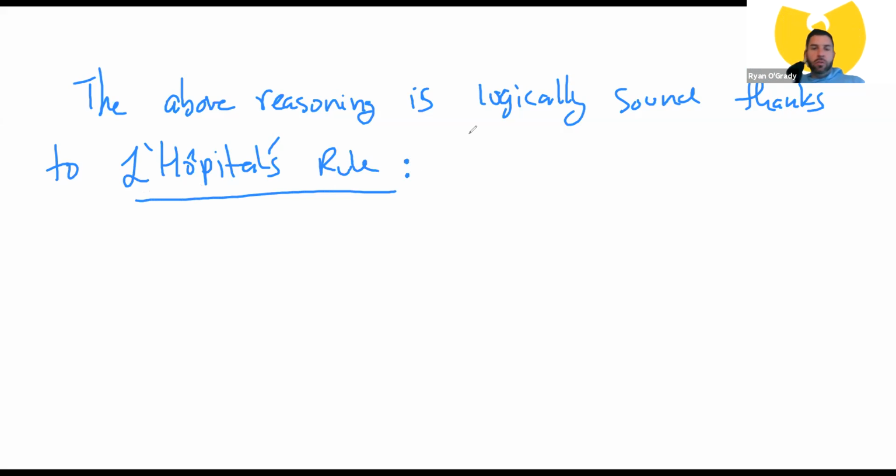So what does L'Hopital's rule say? Well, we're not going to write it in its very fancy specific realm. We're going to do it in a very calculus 1 manner, in hopes that it makes sense to you.